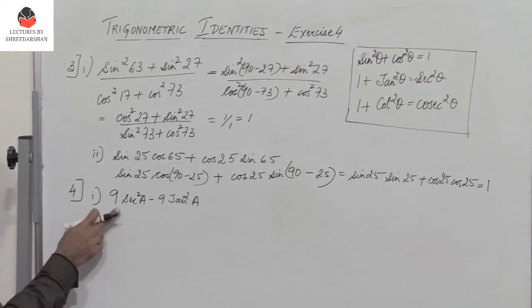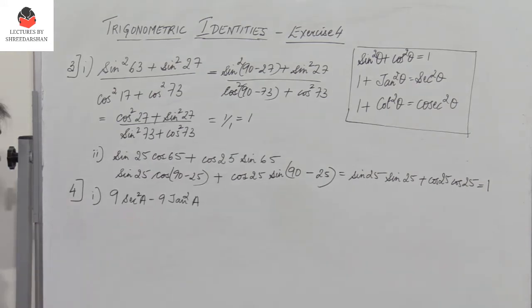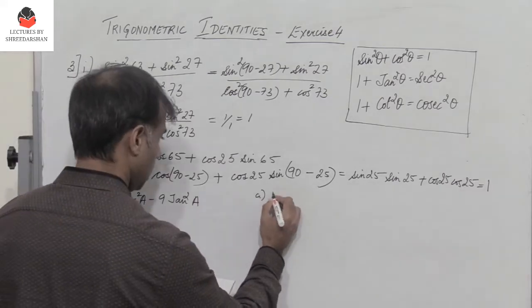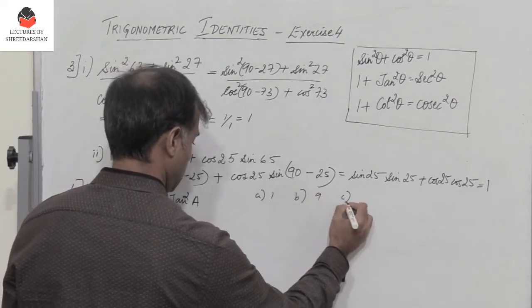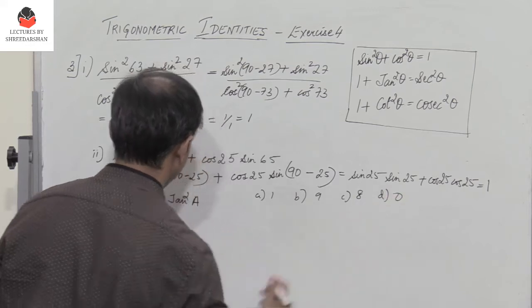So the fourth question, I have 9 secant square A minus 9 tan square A. There are 4 options given here. I have to choose the right one. So now, let us see what can be done. The 4 options are 1, 9, 8 and 0.